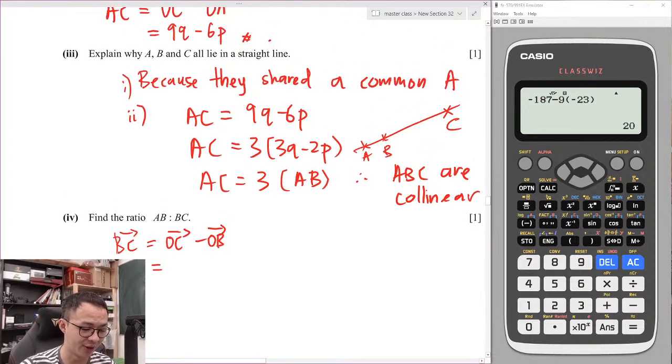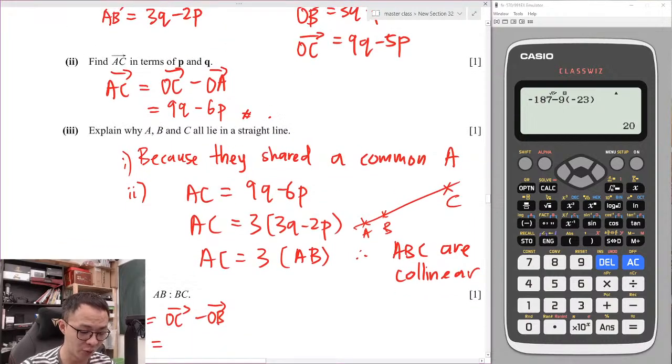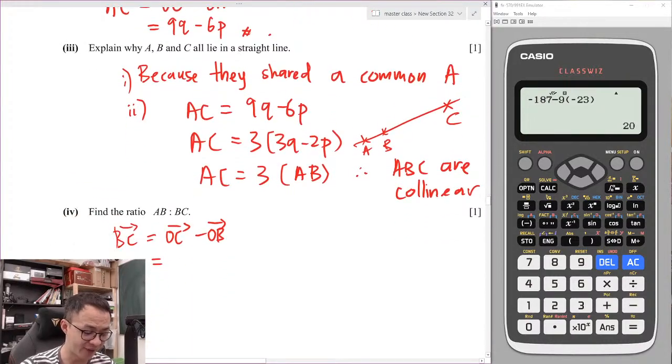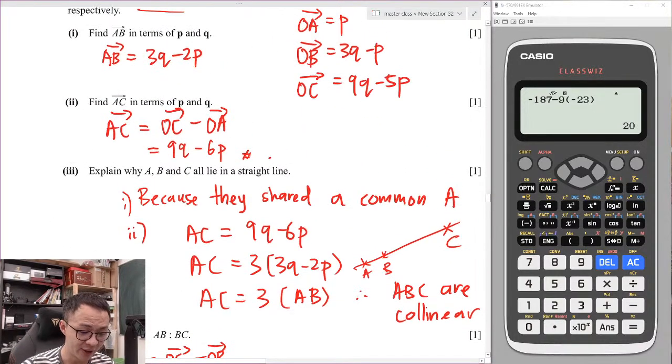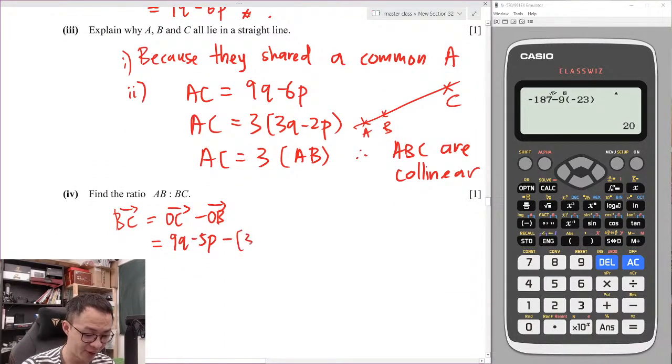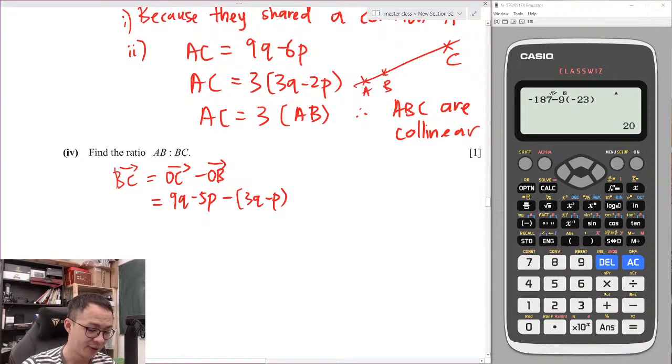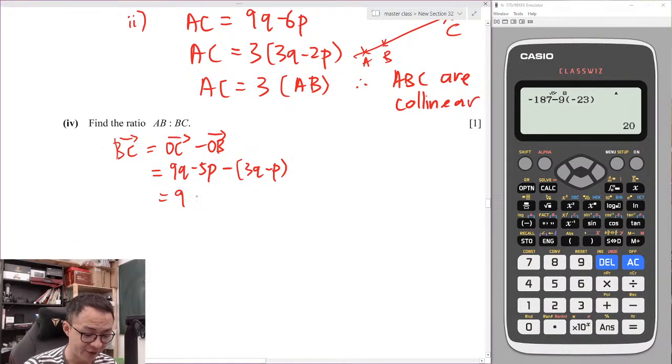What is my OC? 9Q minus 5P, minus OB. OB is 3Q minus P. So I have 9Q minus 3Q, I have 6Q, minus 4P equal to BC.